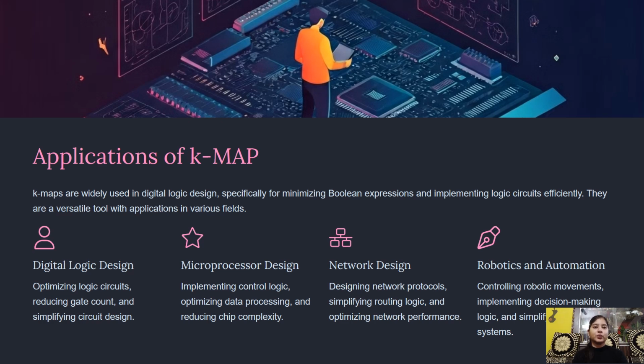They are a versatile tool with application in various fields: digital logic design, optimizing logic circuits, reducing gate count, and simplifying circuit design; microprocessor design, implementing control logic, optimizing data processing, and reducing chip complexity; network design, designing network protocols, simplifying routing logic, and optimizing network performance. Coming to robotics and automation, controlling robotic movements, implementing decision making logic, and simplifying control systems.